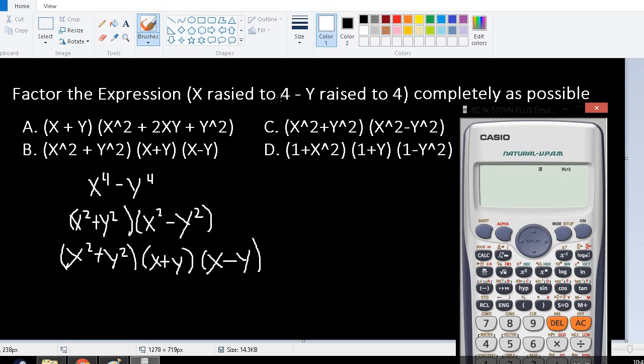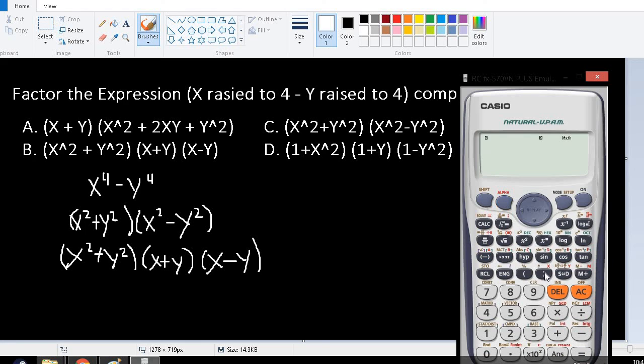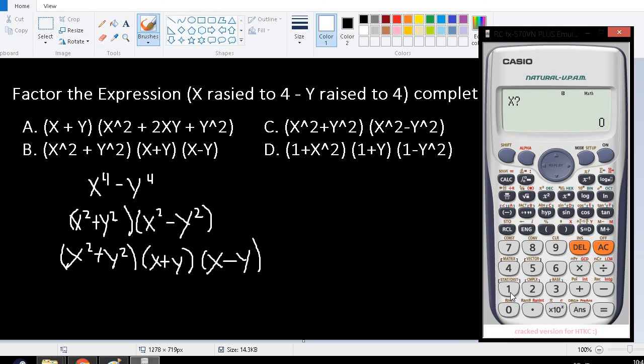First, we input the given x raised to 4 minus y raised to 4, calc, and we assign values for x and y. Let's put 1.5 for x, and for y 1.8, and you get the value negative 5.4351.